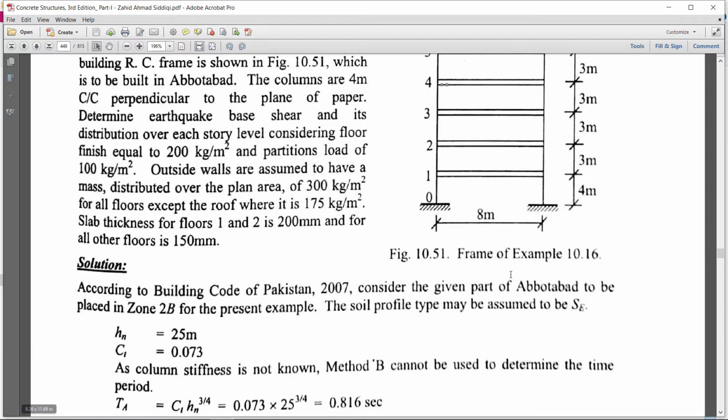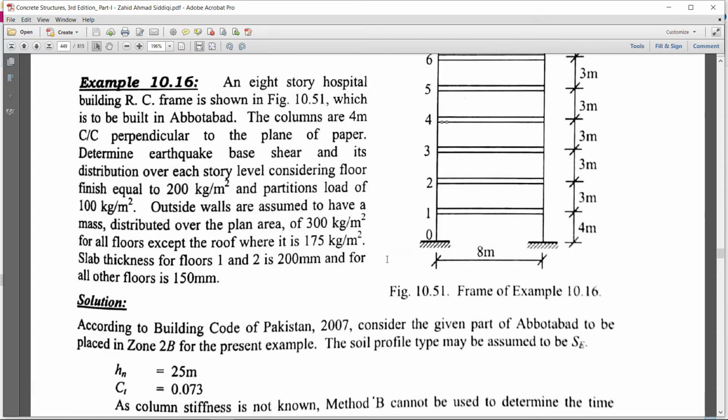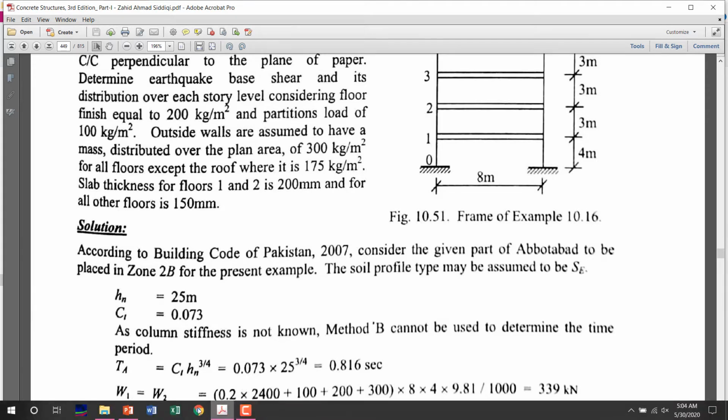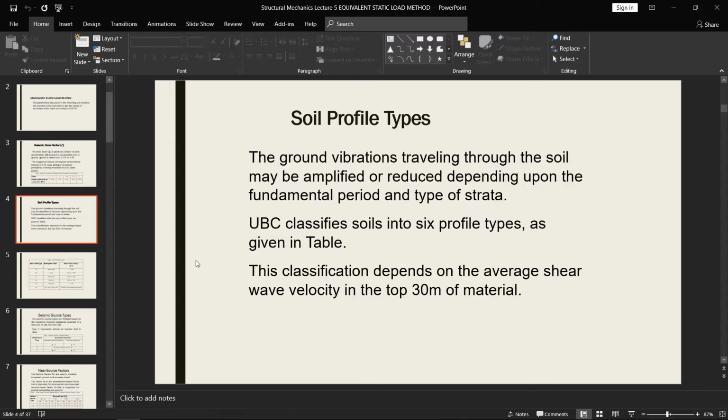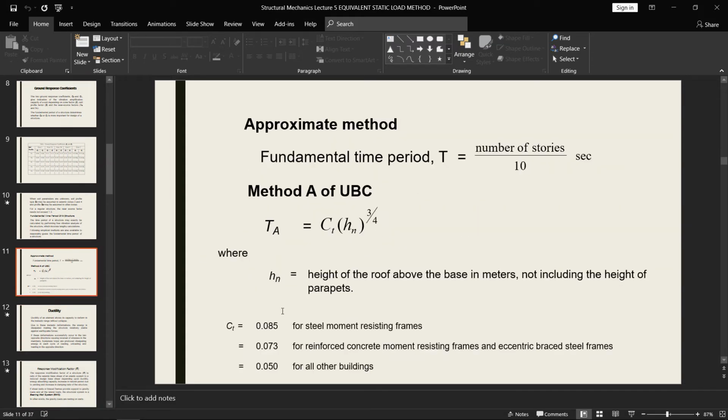Now the total height of the building is 25 meters, and for a concrete building the Ct factor is 0.073 as per the UBC 97 A method. Okay, you can also see here Ct hn: Ct is 0.073, hn is the height of the building excluding parapet.